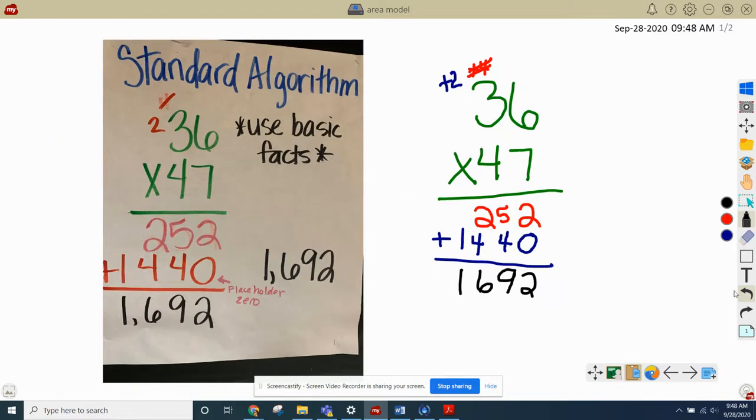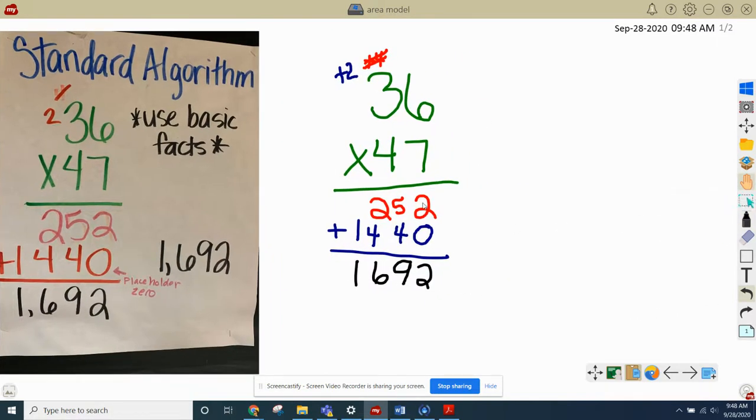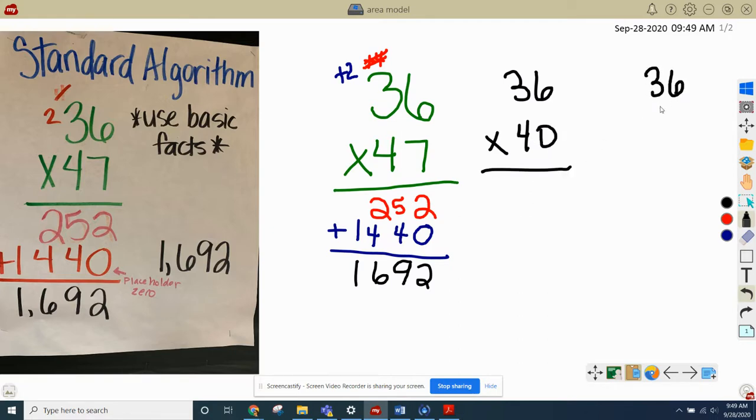Now I want to show you the reason that we have two answers here, and we don't just keep adding numbers on the end, is because we are multiplying 36 times 47. So it's the same as doing 36 times 40 and 36 times 7.